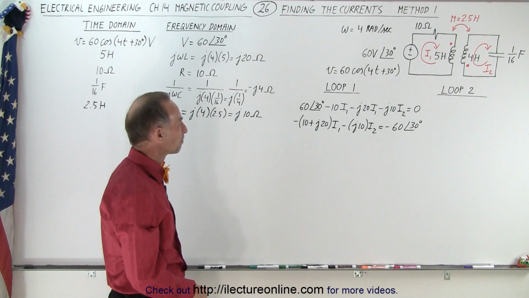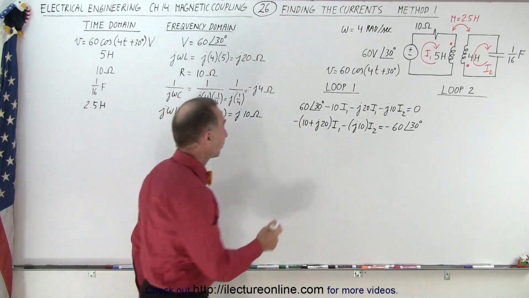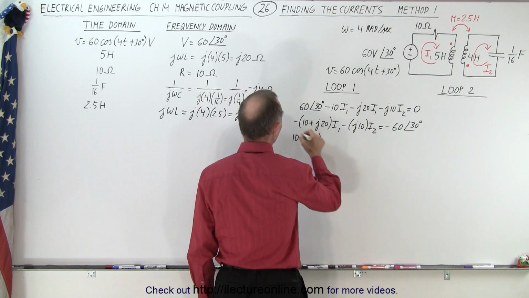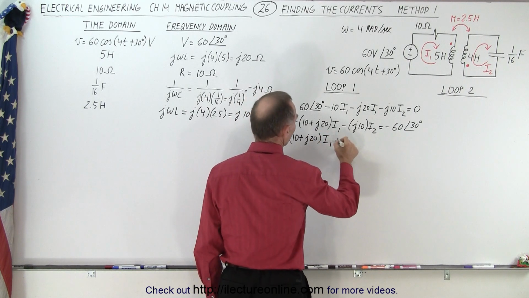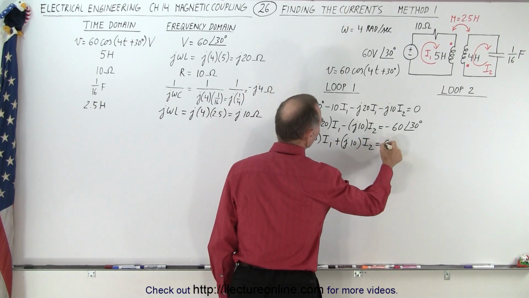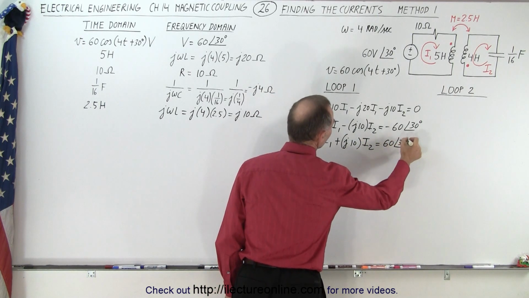No, it's not a radical. Now I can get rid of all the negatives, and so this becomes (10 plus j20) I1 plus j10 I2 equals 60 with a phase angle of 30 degrees.